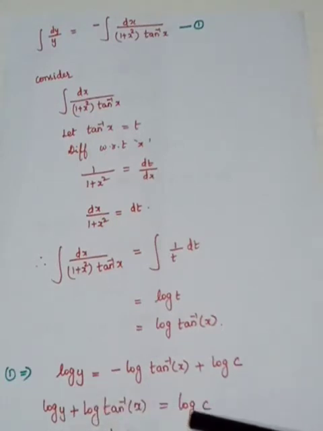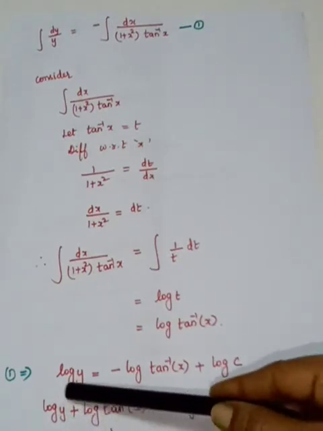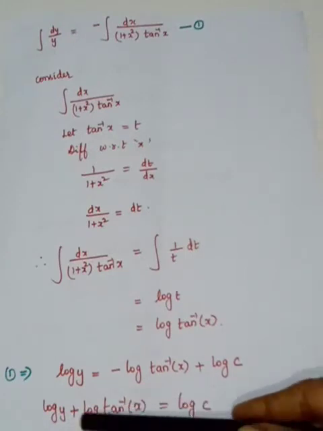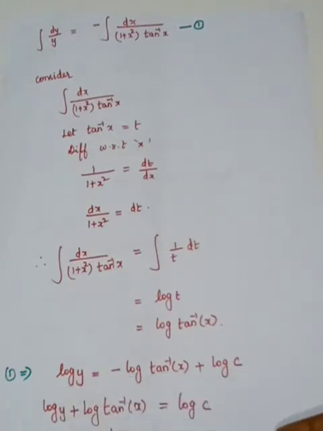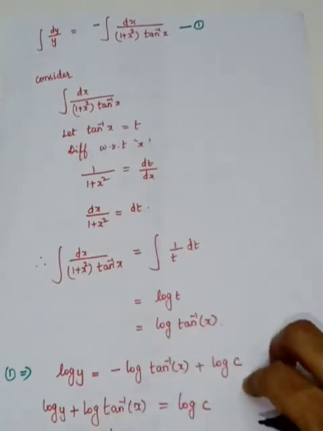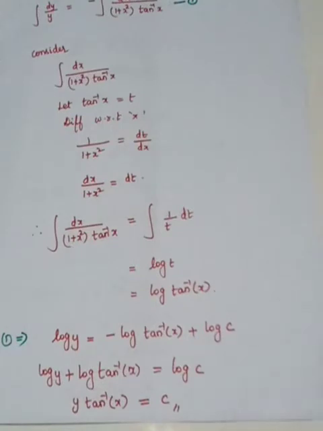And this side also you are having log, both the logs get cancelled. So therefore y into tan inverse of x is equal to c. Log a plus log b is equal to log ab. So the y and tan inverse of x are multiplied and on both the sides the log gets cancelled. So therefore y tan inverse of x is equal to c.